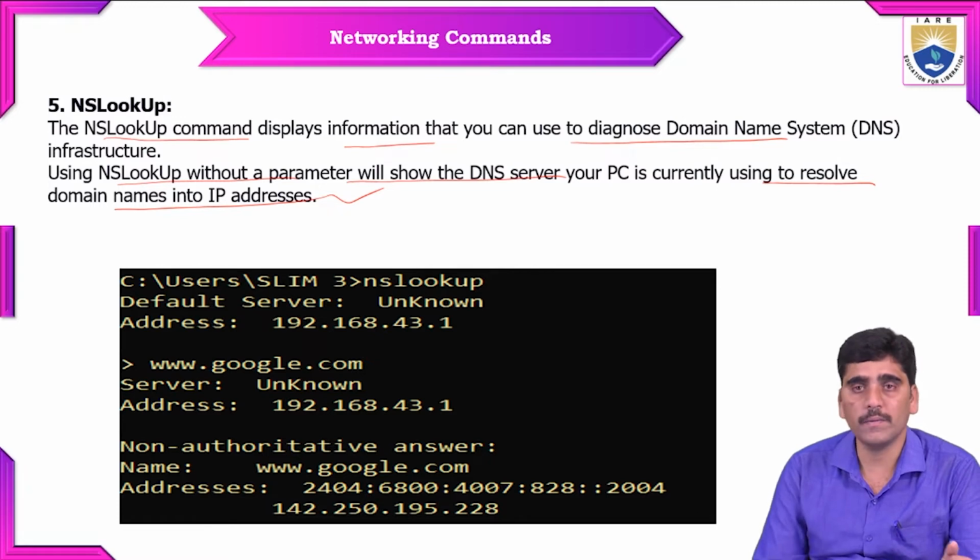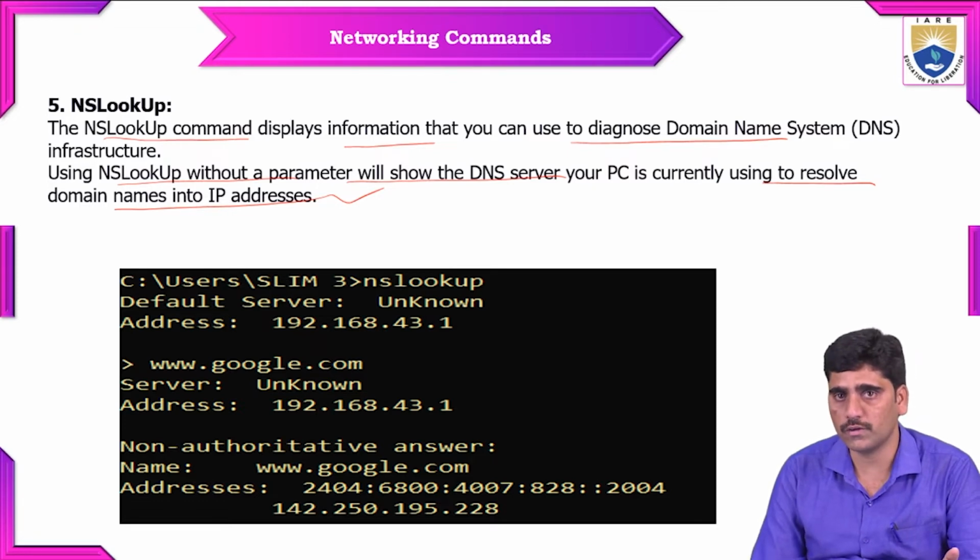Here you can type nslookup directly. If your system is connected to a server, it displays the server name and the address. In this slide, my system is not connected to any server, so it displays default server is unknown.